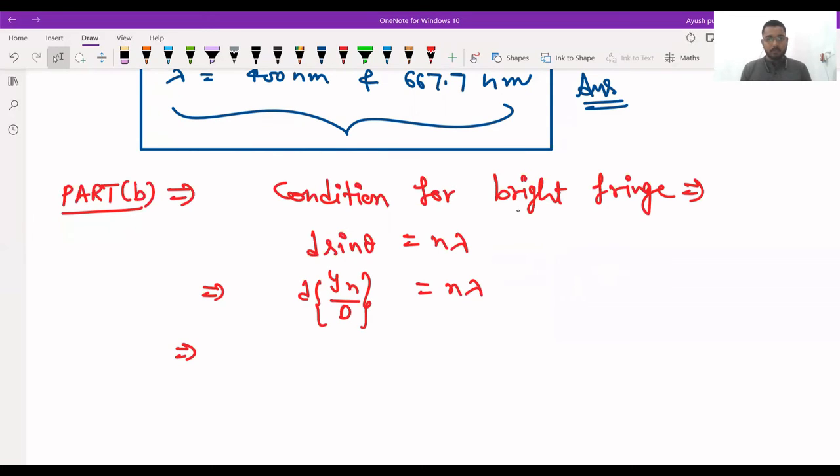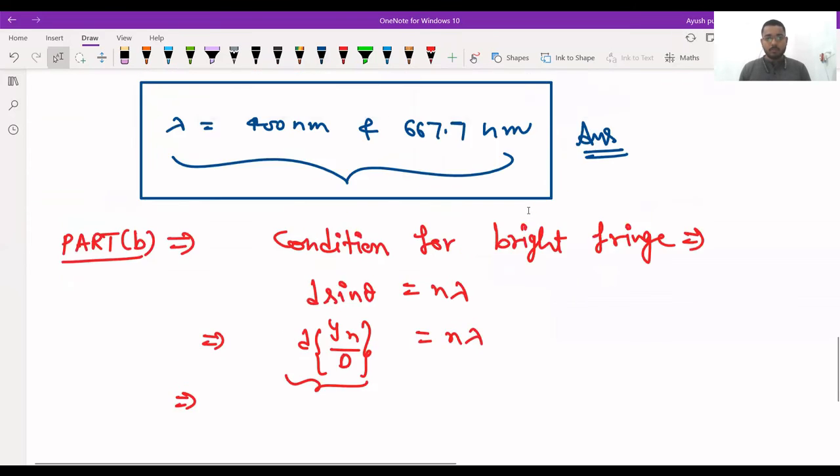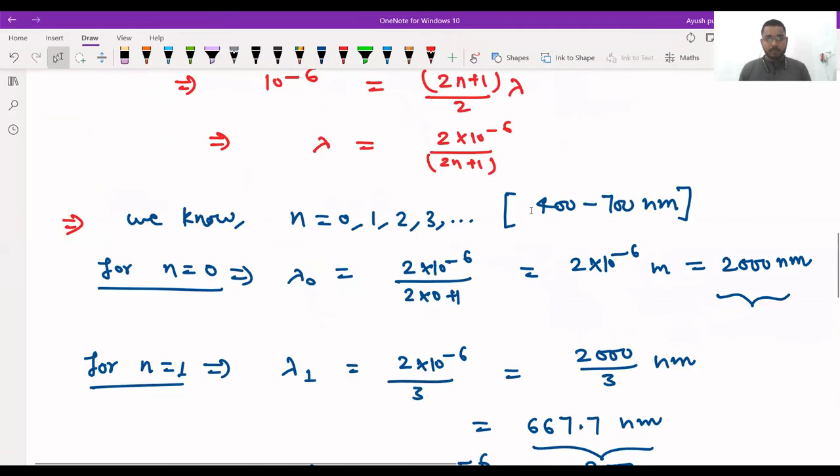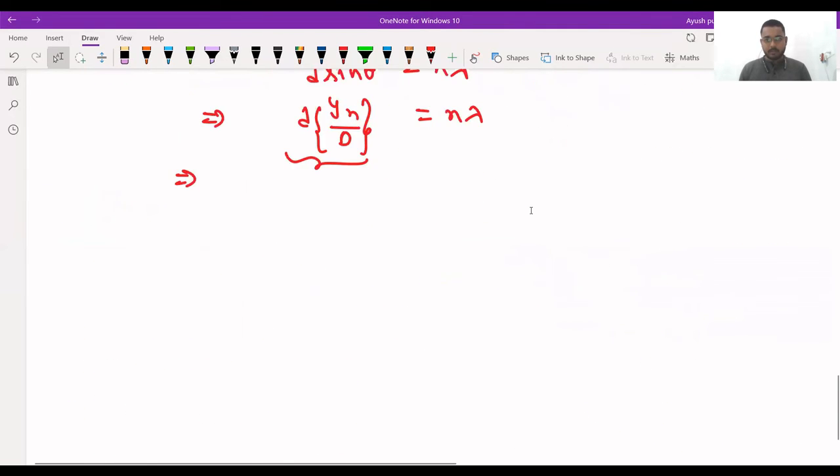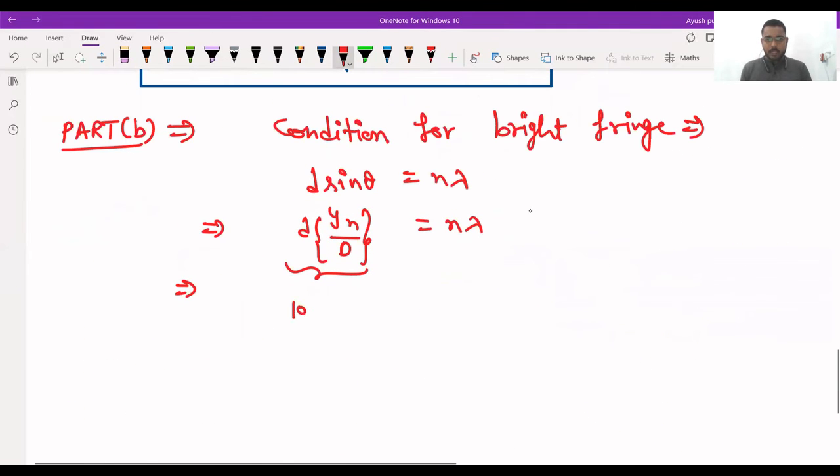Again, put all these values, which we have calculated in the previous case. Its value was 10 to the power minus 6, so I will put directly 10 to the power minus 2. n lambda, so lambda will be equal to 10 to the power minus 6 divided by n.